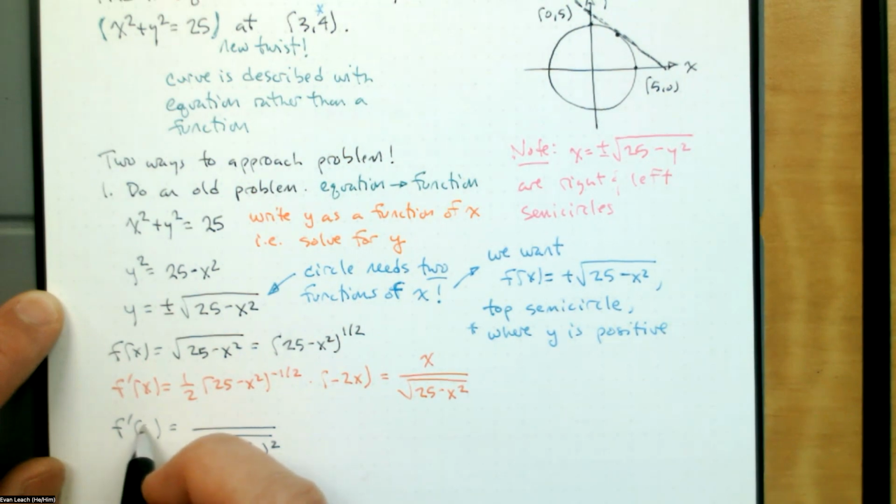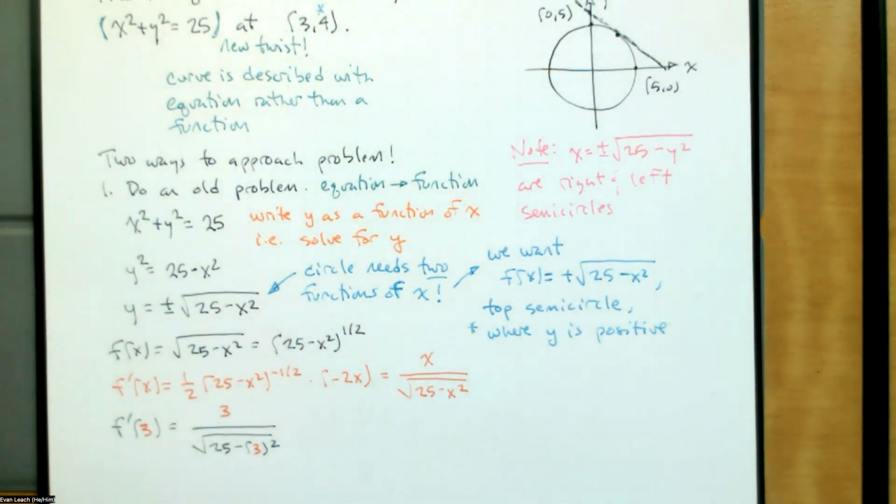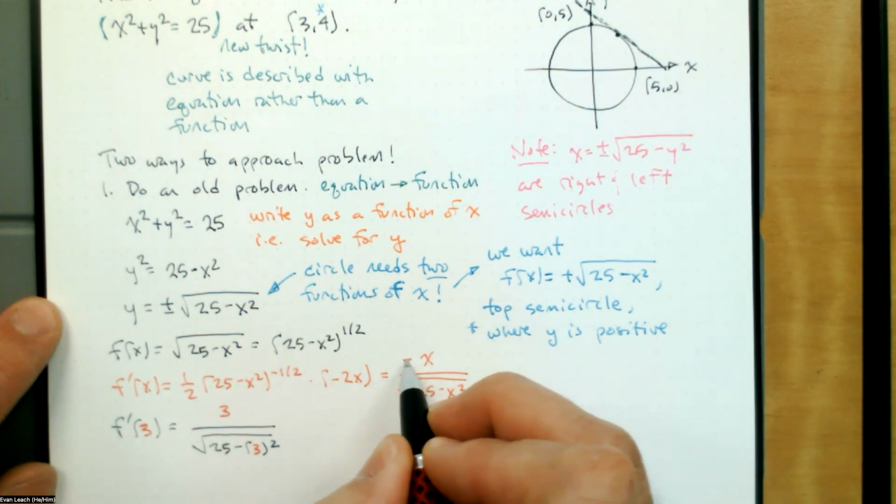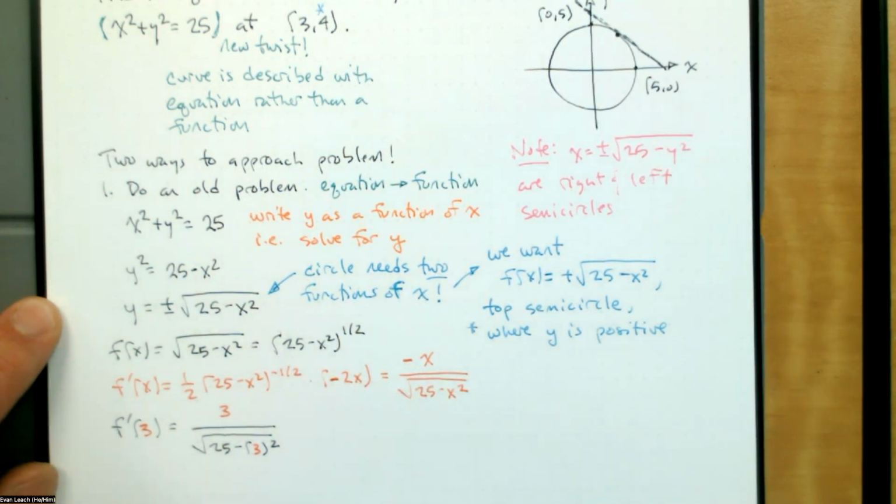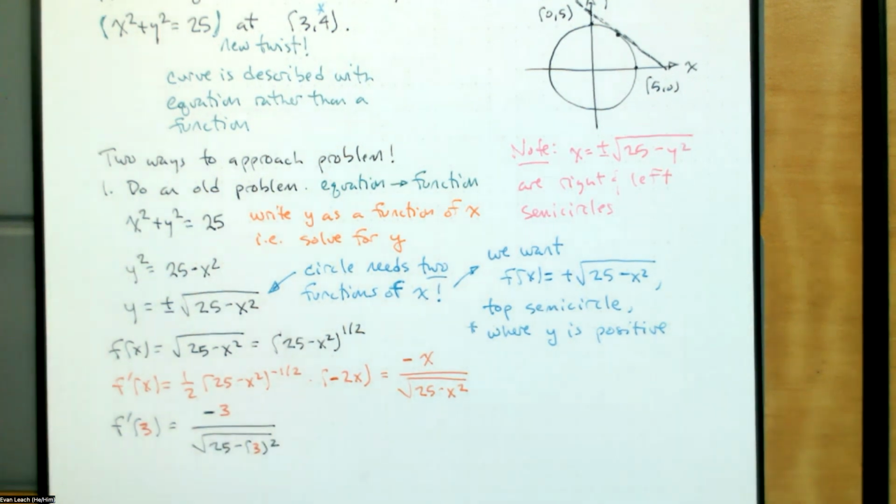I dropped something somewhere. Forgot that negative. So we get a slope of negative 3/4.